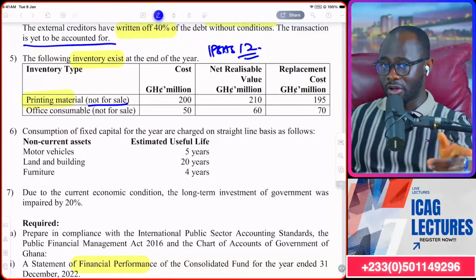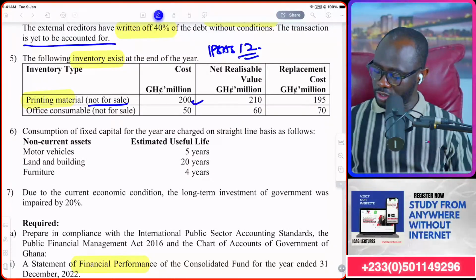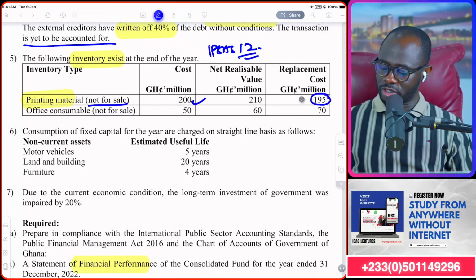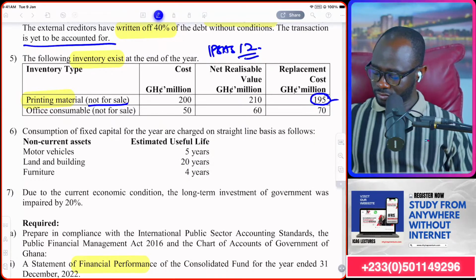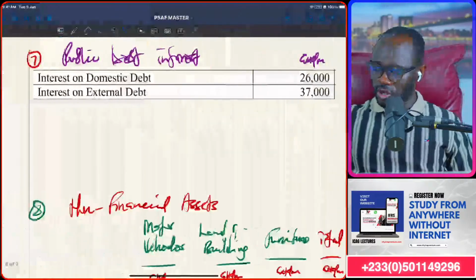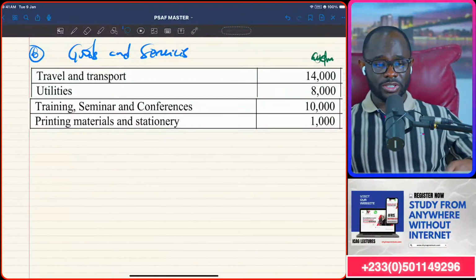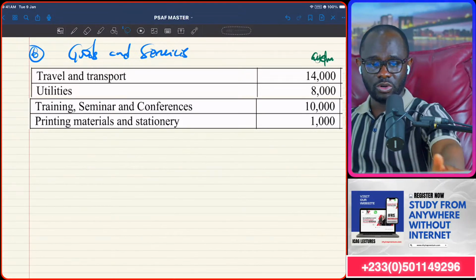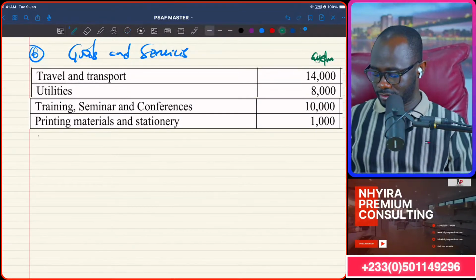So the cost is 200, the replacement cost is 195. So it means we will carry it at the replacement cost. Now, that is closing stock. It will come under goods and services. Because remember, in goods and services, you brought printing material and stationery, the whole 1,000. So now that there is a closing stock, you must less it.